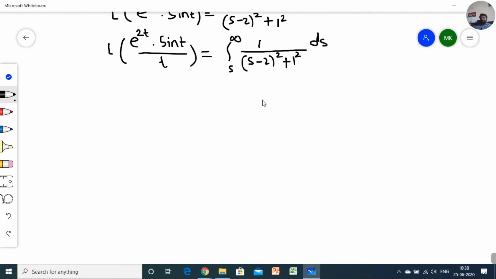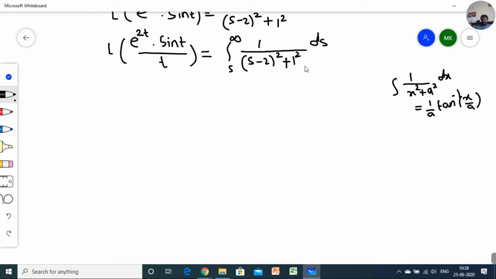Now we have to integrate. So again this part belongs to a similar kind of integration like integral 1 upon x square plus a square into dx, that is equal to 1 by a tan inverse of x by a.